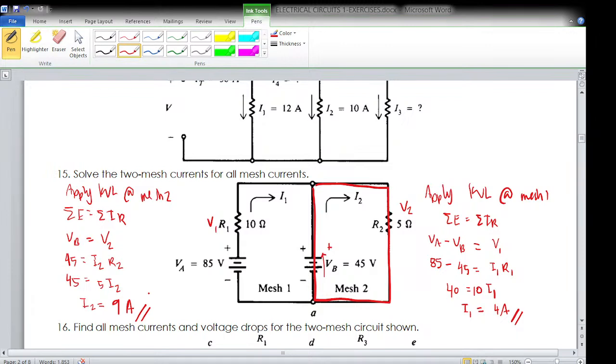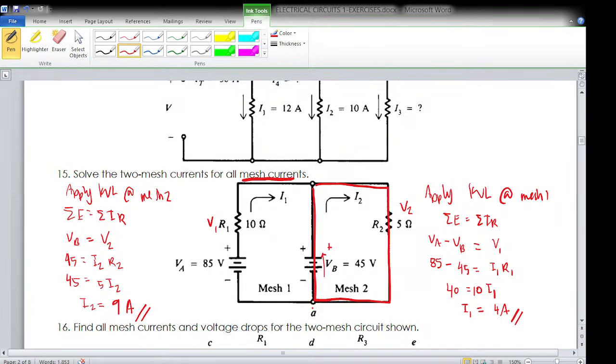Supposedly, this is your exercise. In example 15, you were only asked to find the mesh currents. Since there are only two, just I sub 1 and I sub 2. But in exercise number 16, you will also solve for the voltage drop.